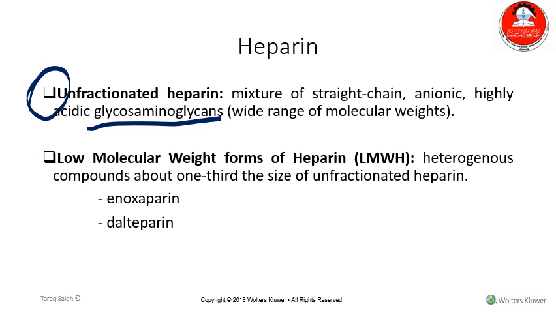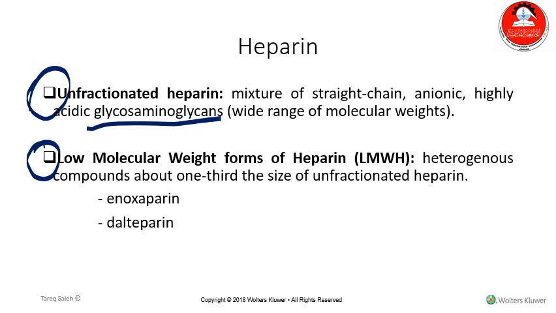And we noticed that if we inject only the glycosaminoglycans that have the lowest molecular weights, we can still get the anticoagulant function of heparin. That's why we were able to purify only the low molecular weight forms of heparin to use as anticoagulants, and we call those low molecular weight forms of heparin.